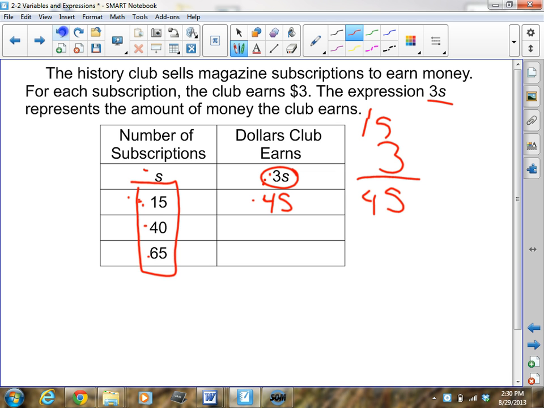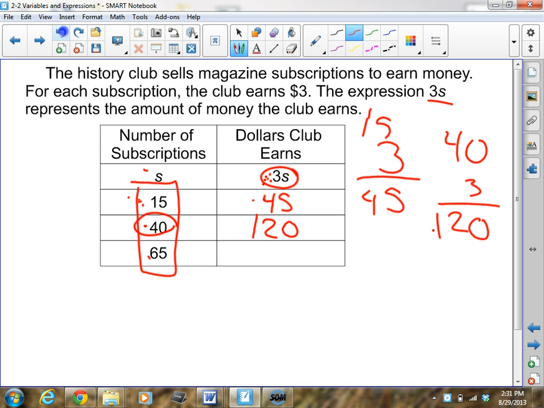Now next one, this is my next variable, 40, so now I'm going to go 40 times 3. So if they sold 40 subscriptions, they would earn $120. And finally, 65.